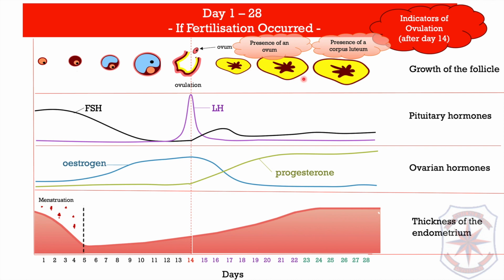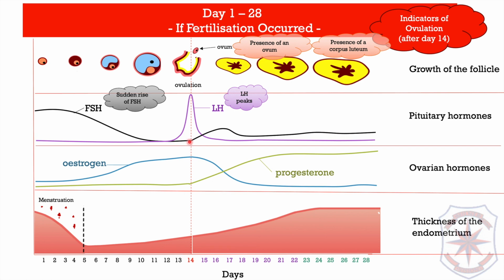So if we have a corpus luteum, it means ovulation has taken place. The third thing that happens during the day of ovulation is the peak of LH. The day in which LH is the highest, that signifies ovulation. Now, remember that FSH levels dropped, okay, before day 14.